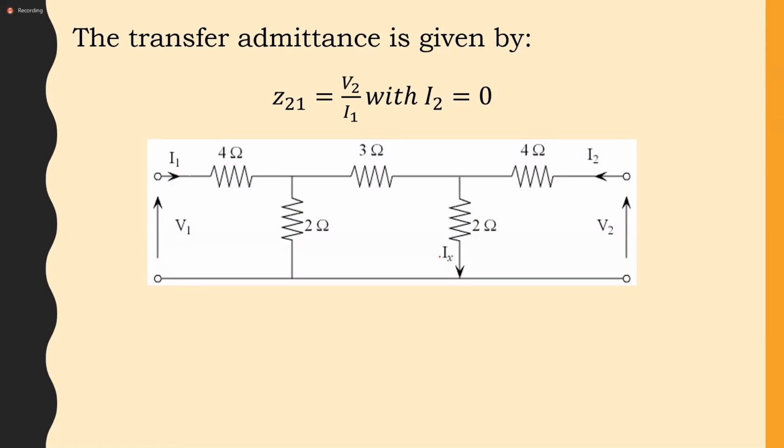In this instance, what we'll be looking at is how I1 will flow and where we would measure V2. V2 would be the voltage across the 2 ohm resistor, since I2 is equal to 0 and there's no I2 there. So the current I1 would be dividing between these two resistances.